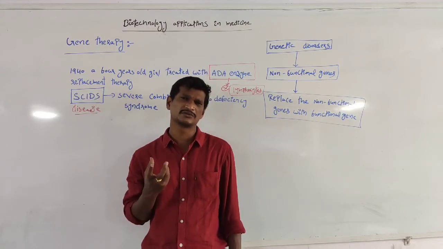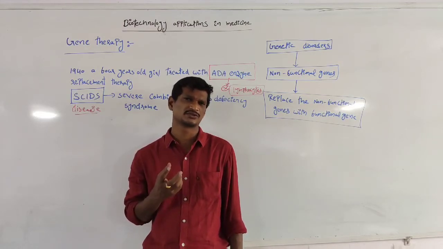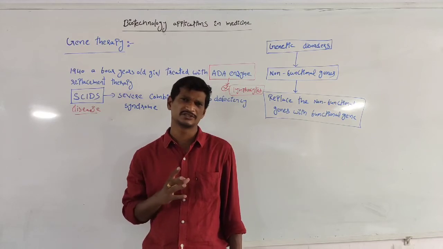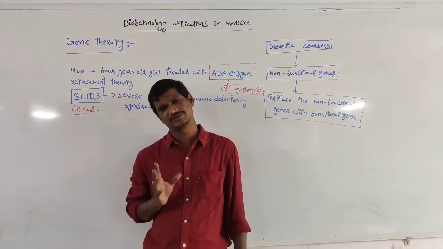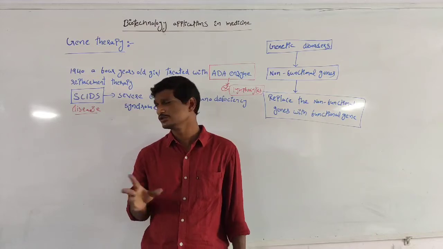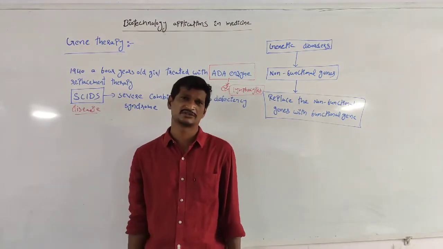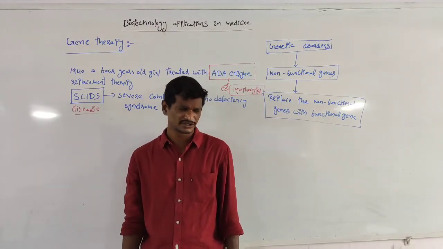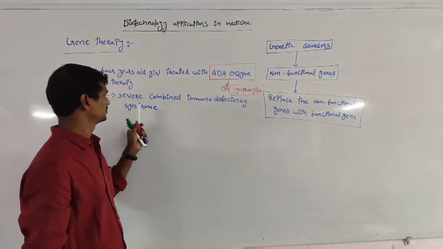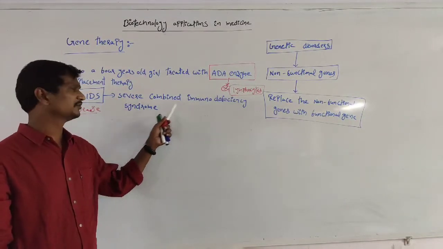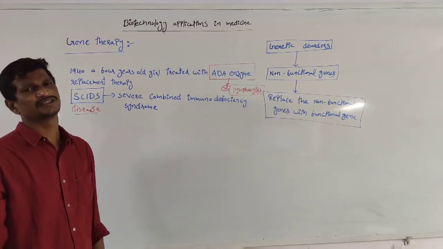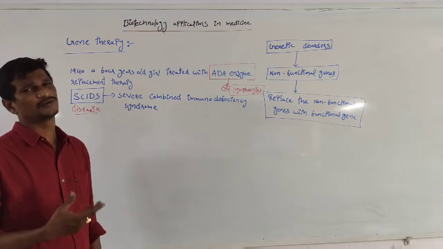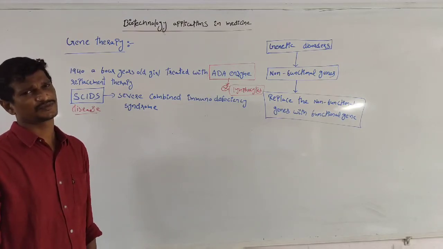Then the immune system is not maintained. That disease is called SCID, severe combined immunodeficiency syndrome. Finally, the person will die from the lack of a proper immune system.